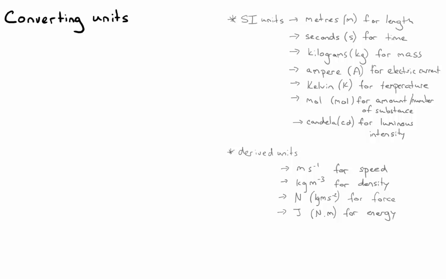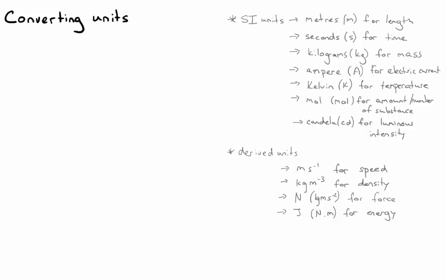I'm going to take you through a process which is a good approach for converting units from one type to another, or a quantity, say, that's measured in kilometres per hour, to convert that into meters per second. And that's something you're going to need to be able to do as you go on through this course.